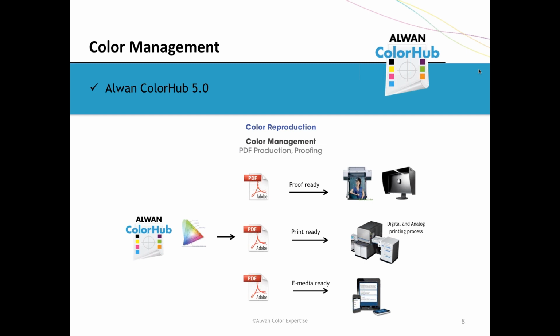So to use Alwan Color Hub as a color server, you can apply to incoming files the right color settings for proofing, for printing, and now with the new Alwan Color Hub also to go to RGB devices just like iPad or iPhone or any other proofing device where you want to show accurate colors.